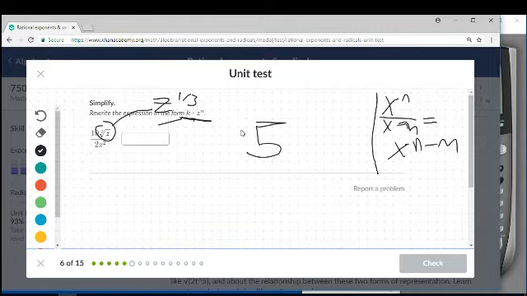And what that means is this is going to be 5z to the 1/3 minus 2.